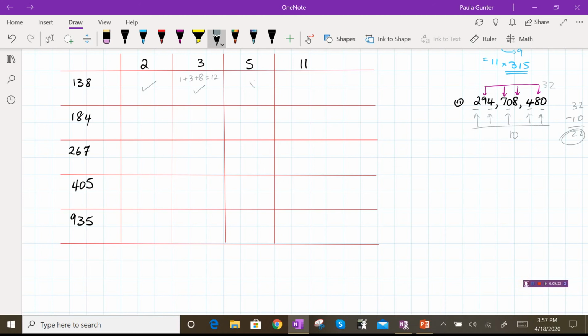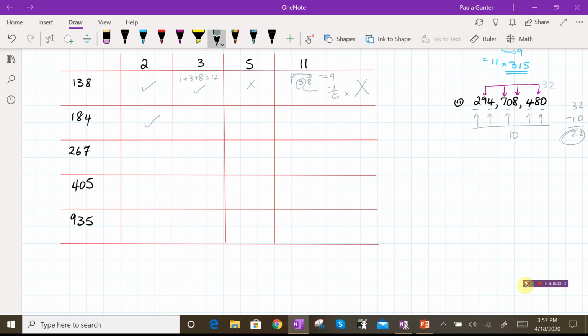It is not divisible by 5 because it doesn't end with 5 or 0. And if I now check 11, let's look at the alternating digits. 1 and 8 would be 9. And then here is the middle one, minus 3. The difference is 6, which is not a multiple of 11, so no.